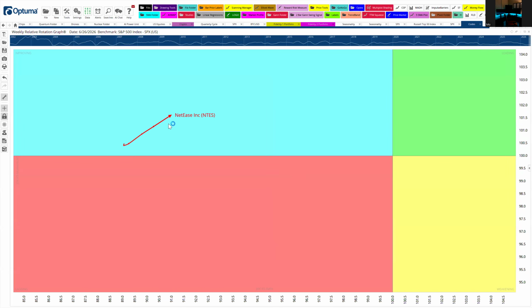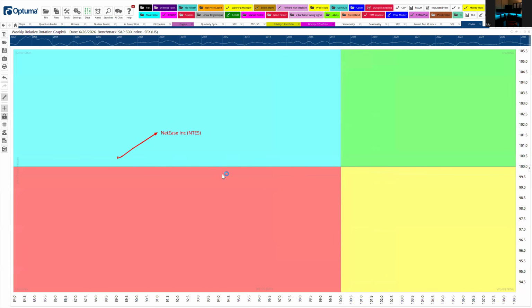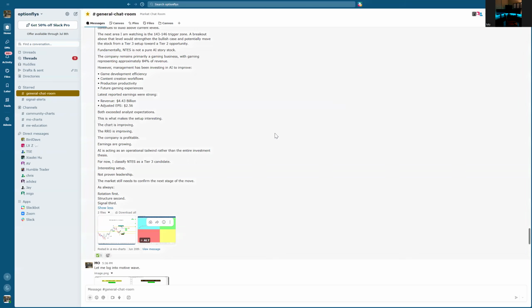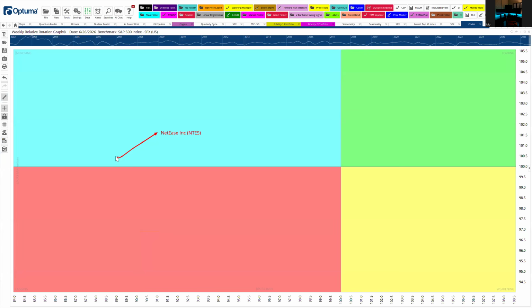Yeah, see, it went a little bit more. See, it was here, and now the tail went a little more. So it's picking up momentum, speed. It's a good setup.